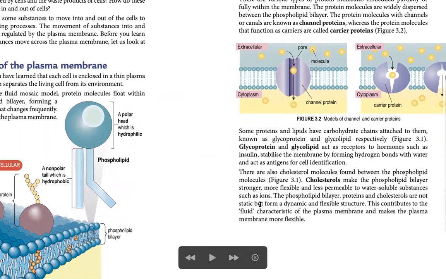It acts as a receptor to hormone such as insulin, stabilize membrane by forming hydrogen bond with the water and act as an antigen for cell identification. Okay, guys, so this is the function of glycoprotein.